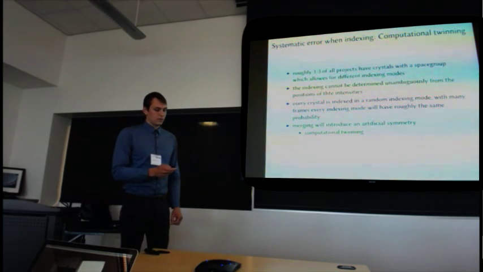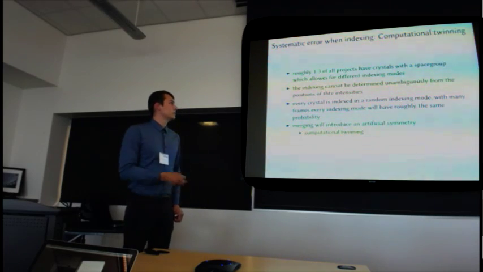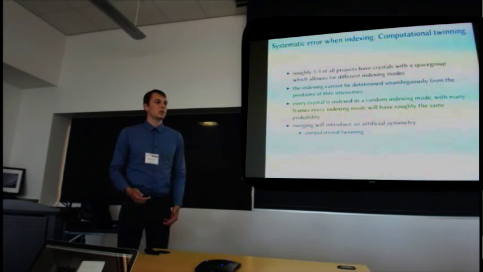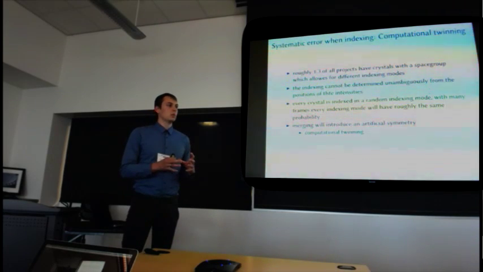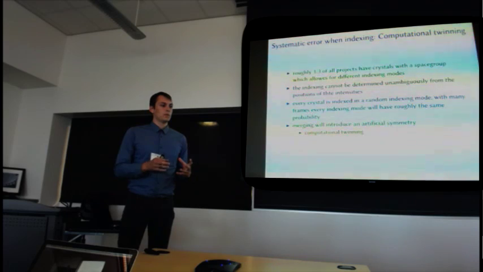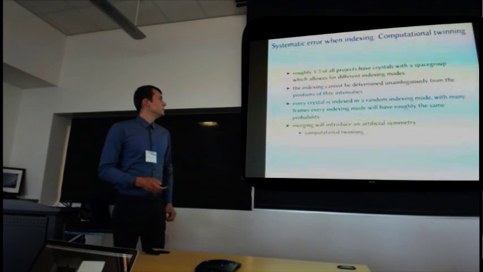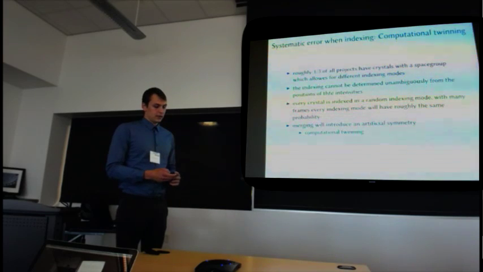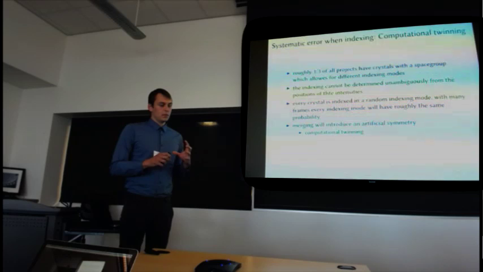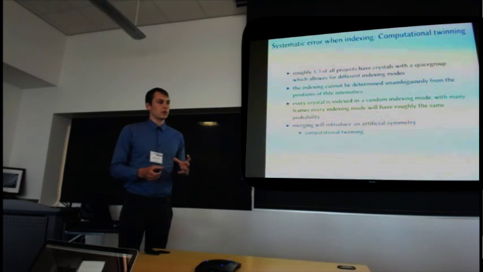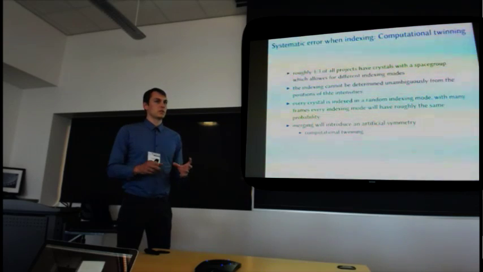In free electron laser data, we normally deal with computational twinning, not real twinning, because the crystals are normally too small to form twins. They still maybe can, but it's much more unlikely. But the bad thing is that we have many crystals, and we don't have the relative orientations of those crystals.